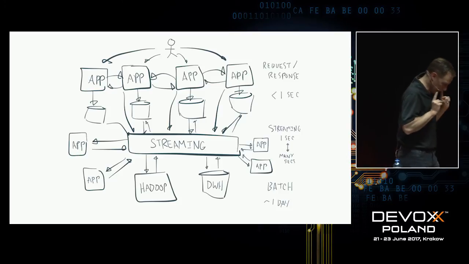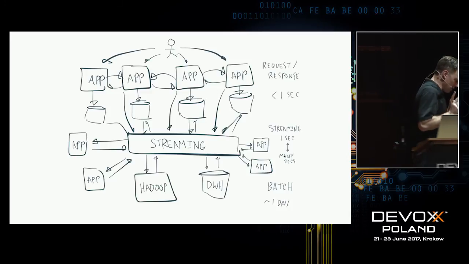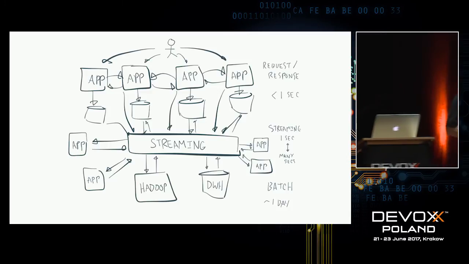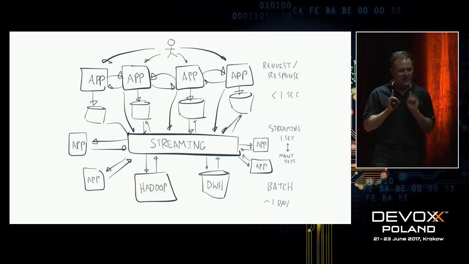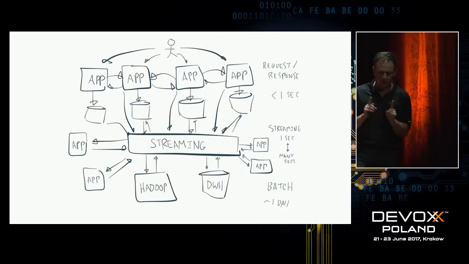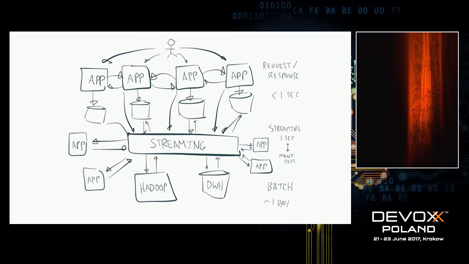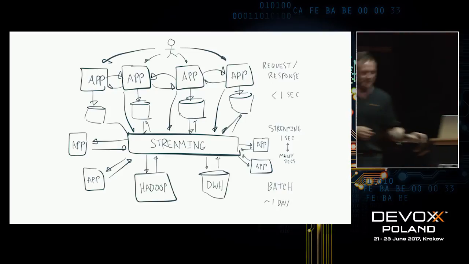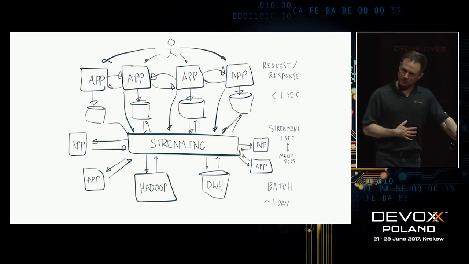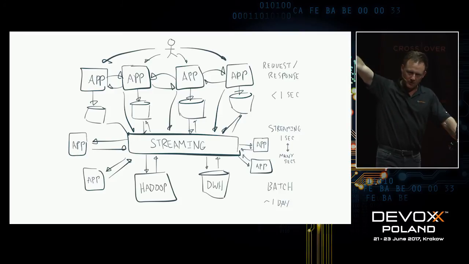Now, if you've been around for a while, you recognize that pitch from about 15 years ago. That sounds like the pitch for an enterprise service bus. You have all these disparate services in your enterprise. Let's have them all read and write XML messages into this expensive service bus, and all your problems will be solved.